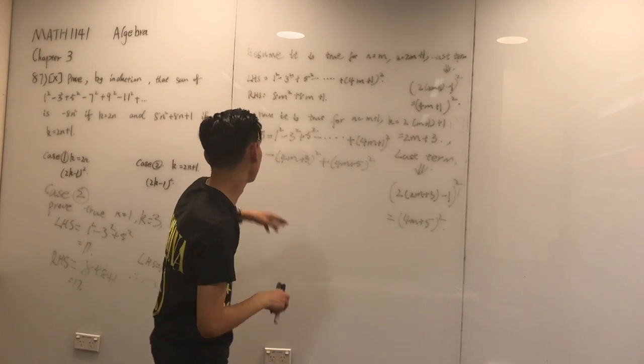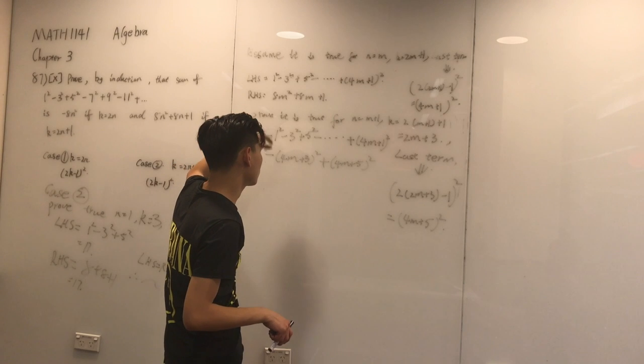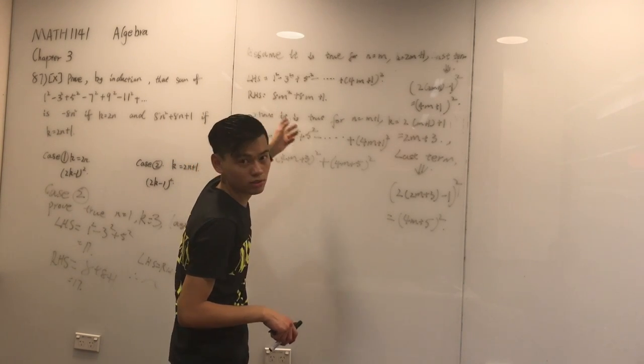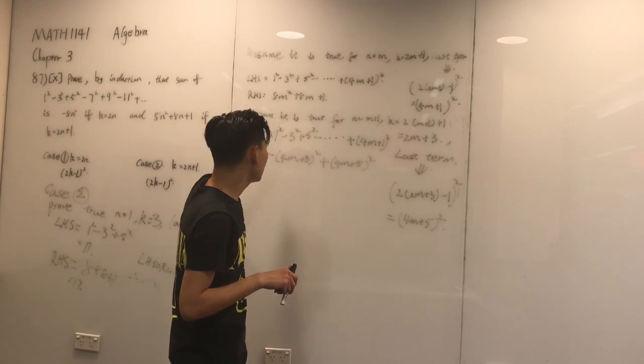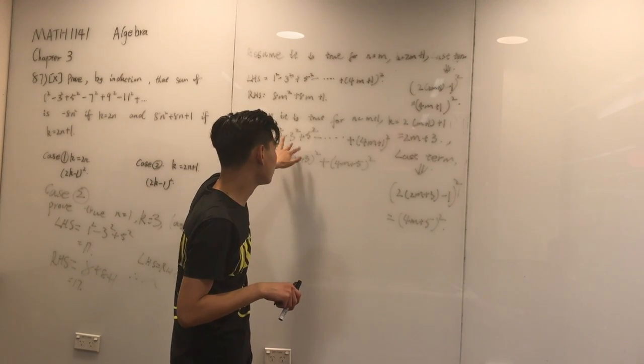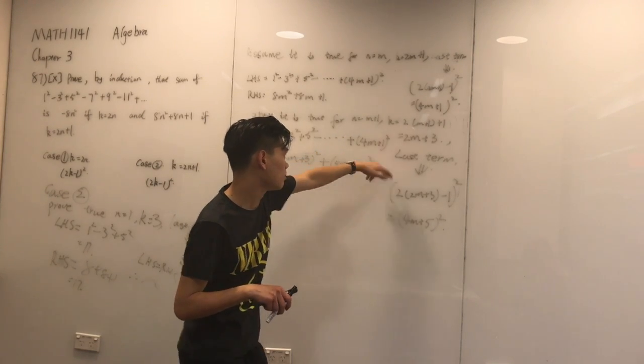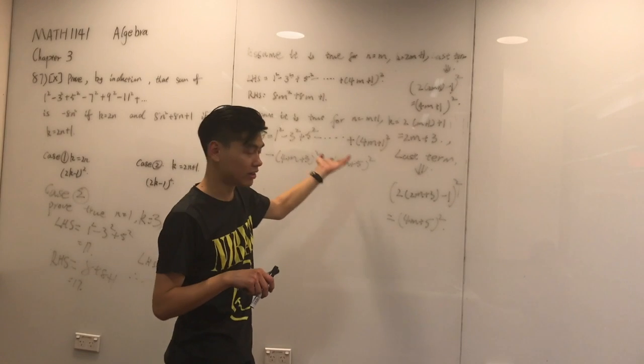Right, it makes sense, because every time the next number will always be different, the difference between two numbers will be 2: 1, 3, 5. So 4m plus 1, 4m plus 3, 4m plus 5 makes sense, right?